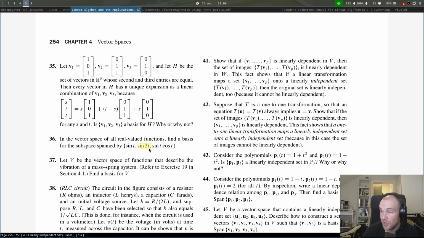It's not the same thing. But sine 2t is, of course, the same as 2 times sine t cosine t, which means that if I divide this guy by 2, I get this guy. So all I need is either these 2 or this guy and this guy. And that's our basis.